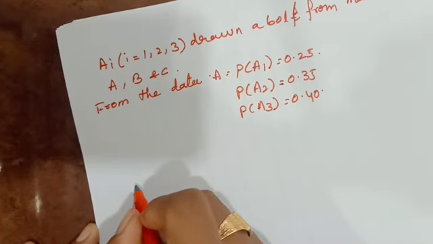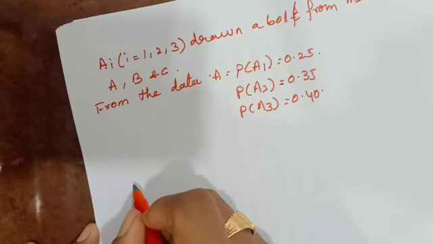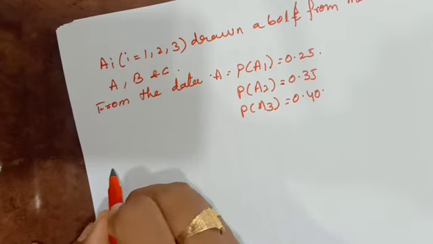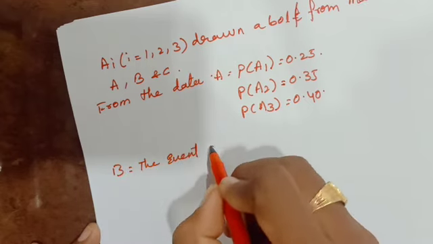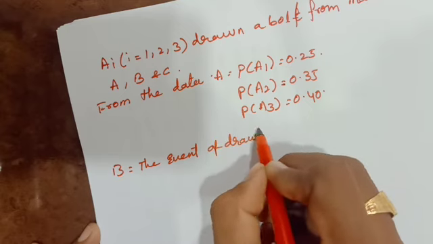There is another piece of information in the problem: a bolt is drawn at random and found to be defective. Of the total output, 5%, 4% and 2% are defective bolts. Let B be the event of drawing a defective bolt.